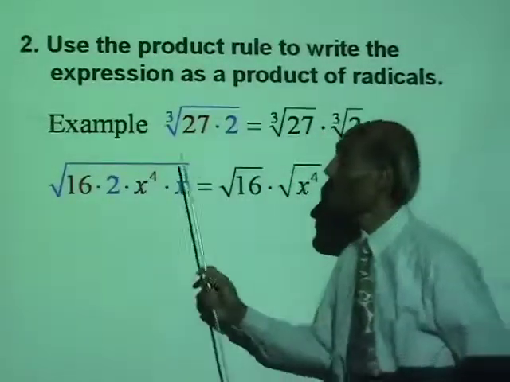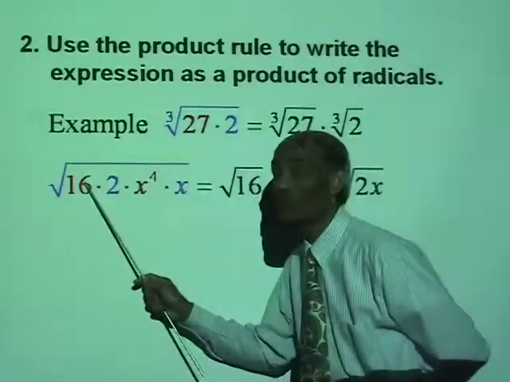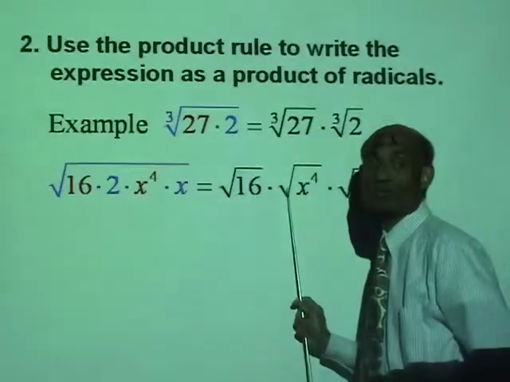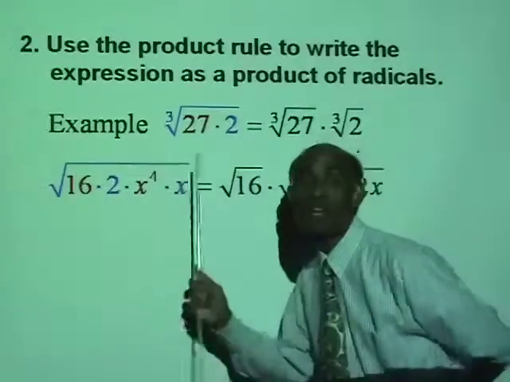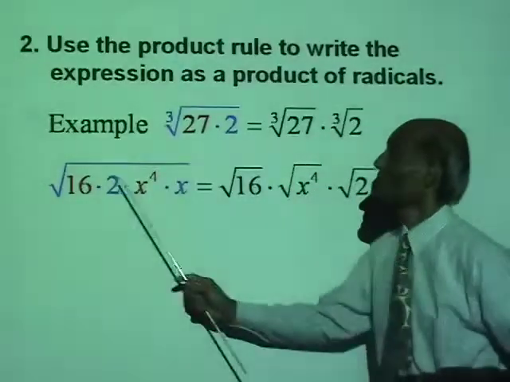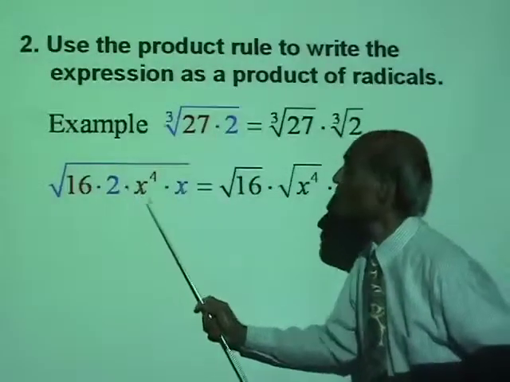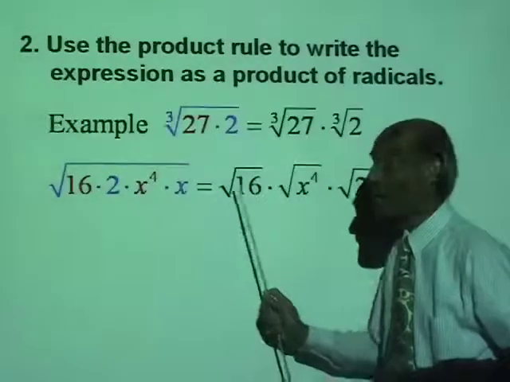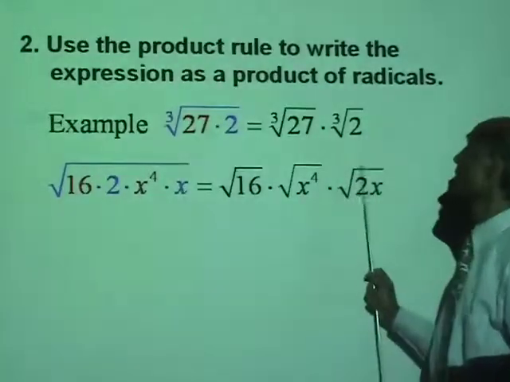So once again, take each of the perfect squares and put them under separate radicals, and all the remaining ones leave them under one radical. So that will be square root 16 times square root of x to the 4. They are both perfect squares, and the remaining 2 and x will remain under radical.